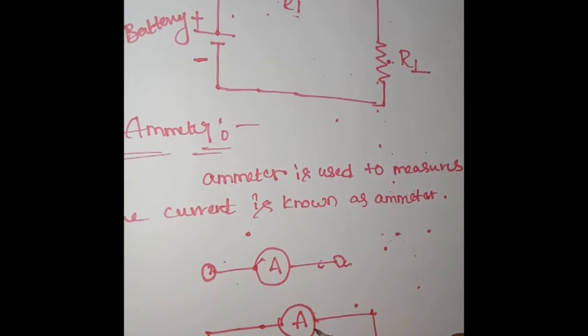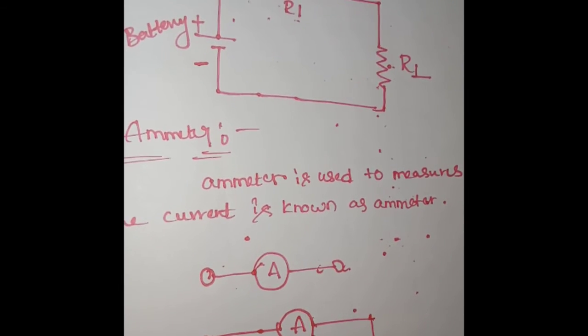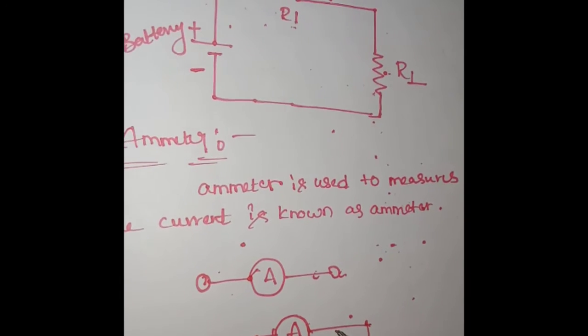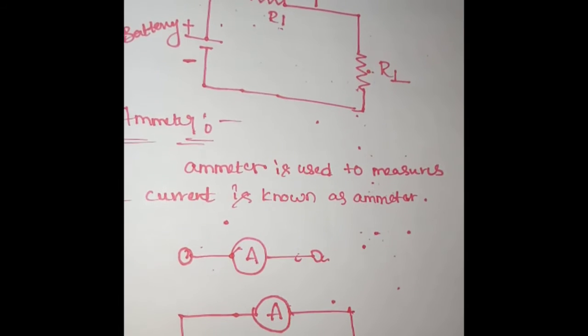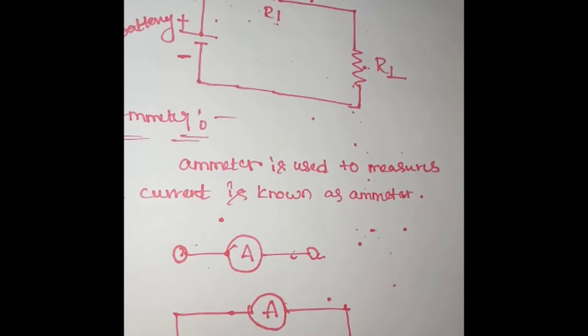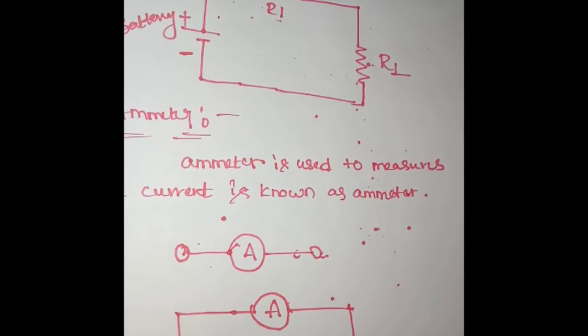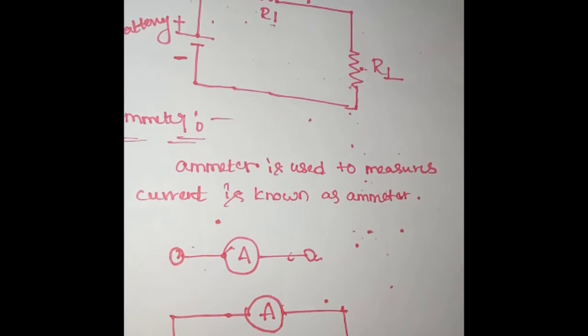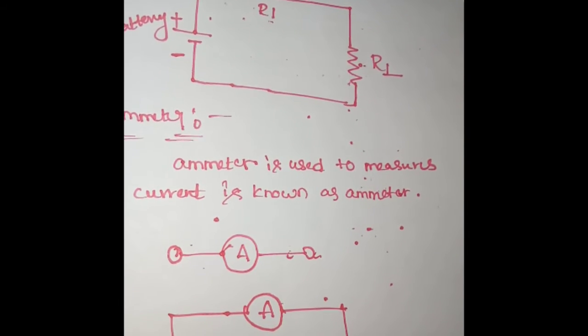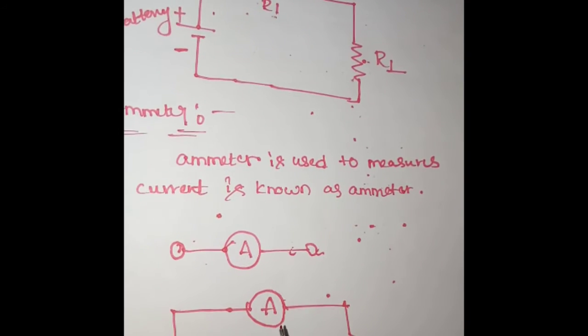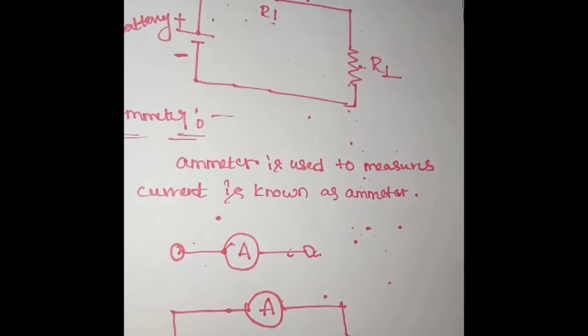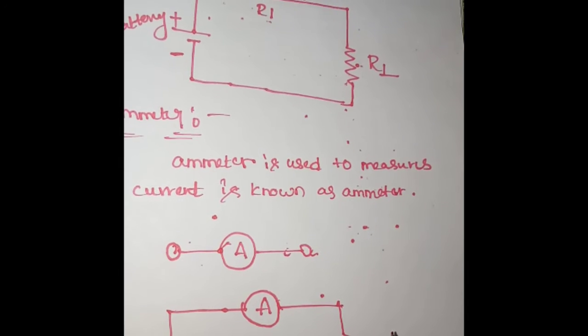This is a very important point in electronics. Note here. The power loss occurs in an ammeter because of the measured current and its internal resistance. The ammeter circuit has a low resistance so that a small voltage drop occurs in the circuit. The resistance of an ammeter is low for two reasons.